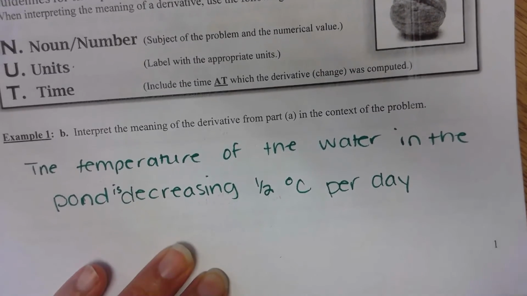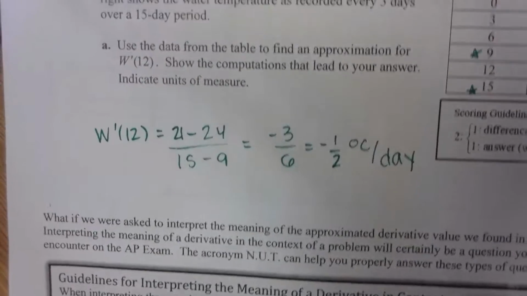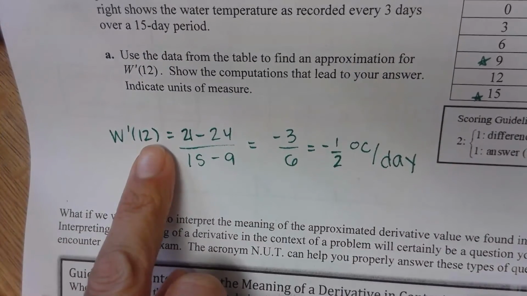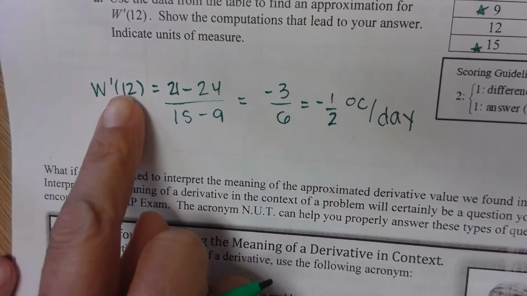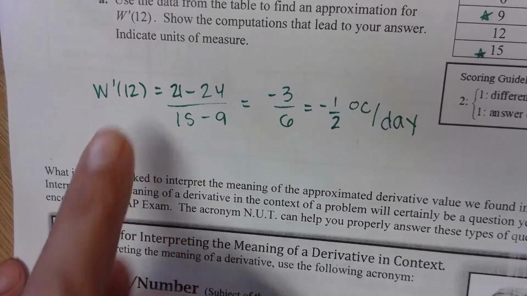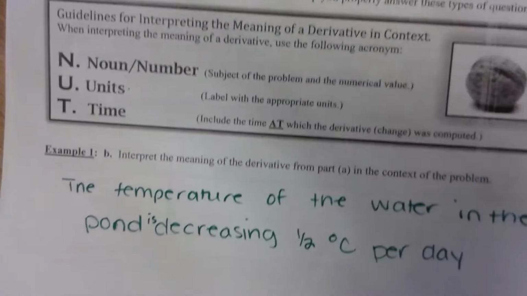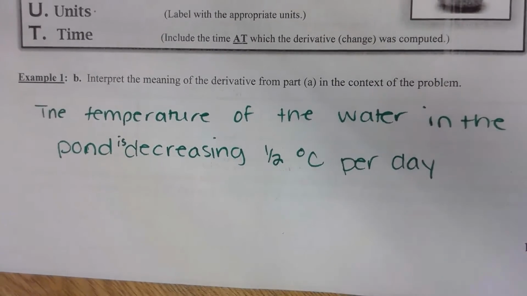And then this is the important part. We found W prime of 12. So that -1/2 degrees Celsius per day is only with respect to the 12th day. We don't know if this function is linear, therefore we don't know if the derivative is going to be the same at every point.